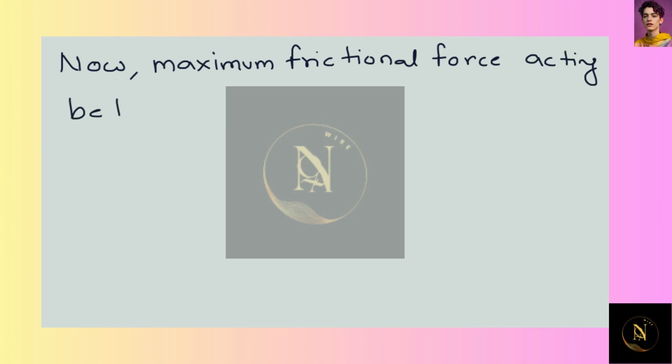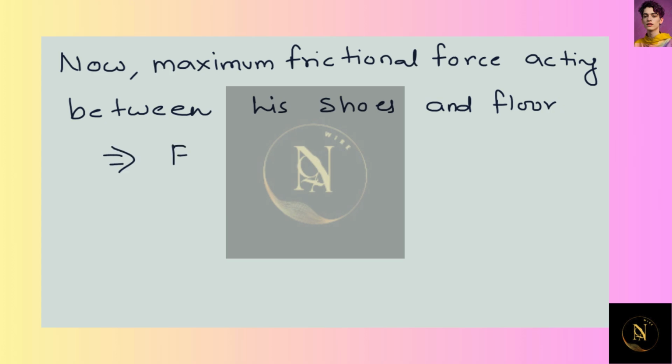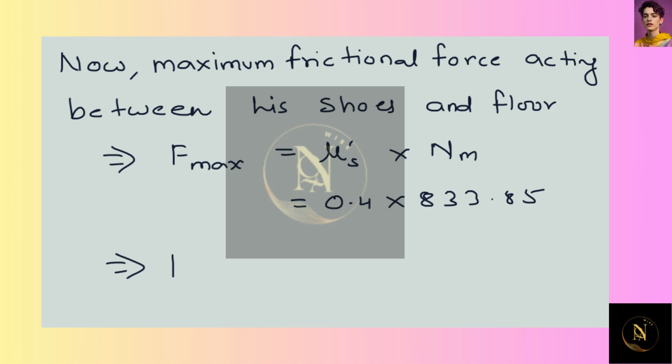Now maximum frictional force acting between his shoes and floor, Fmax is equal to mu s dash into Nm. So putting the value of mu s dash and Nm, we will get the value of Fmax as 333.54 Newton.